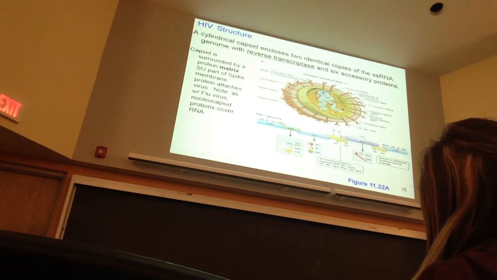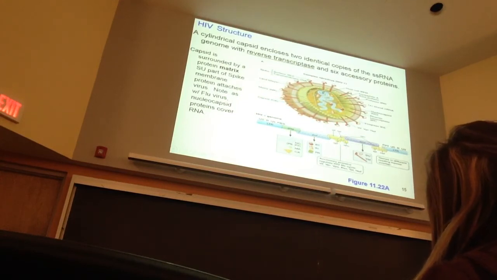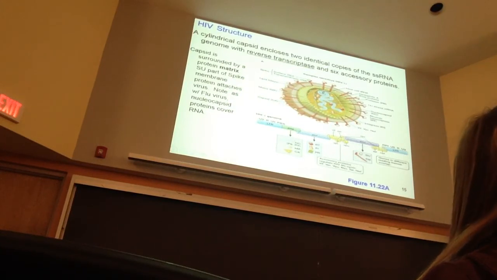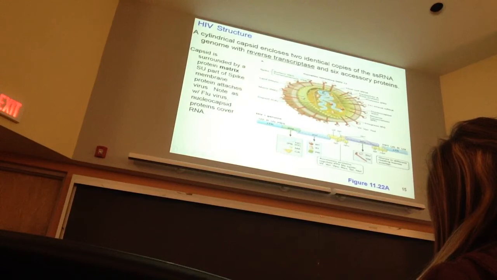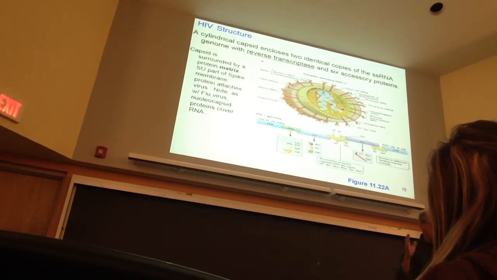Then working your way out, there's another protein coat. This yellowish structure is the capsid, the second layer of protein. And then moving outside from that is the third layer of protein, the matrix protein. This thing is really protected by 3 layers of protein. And then outside of that is the lipid bilayer.